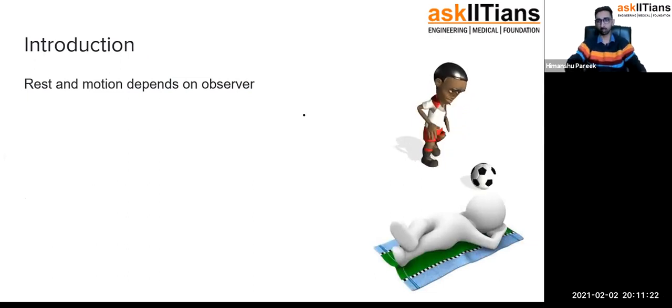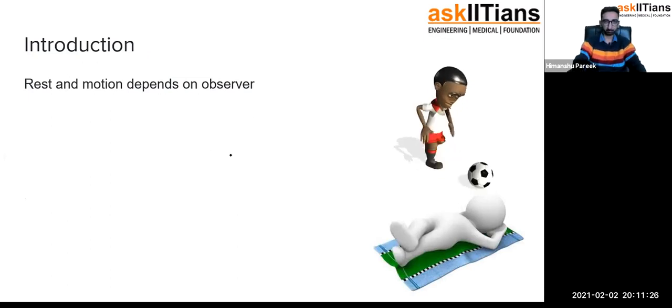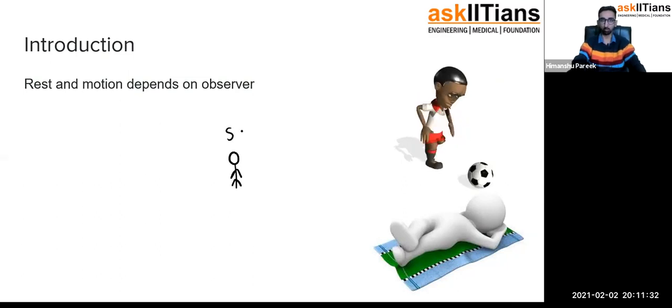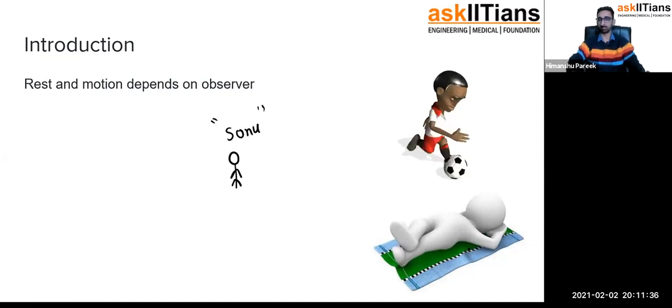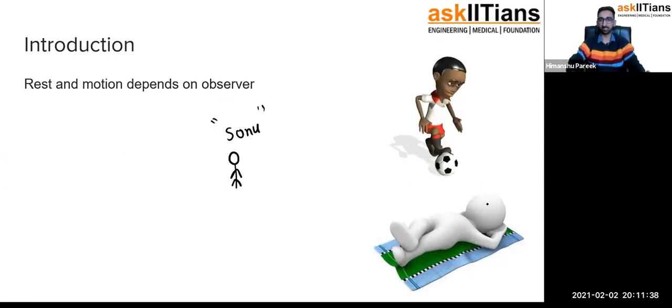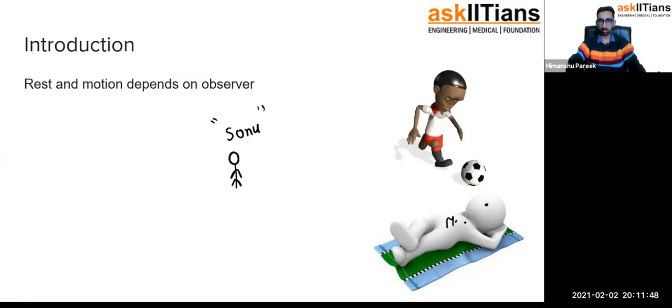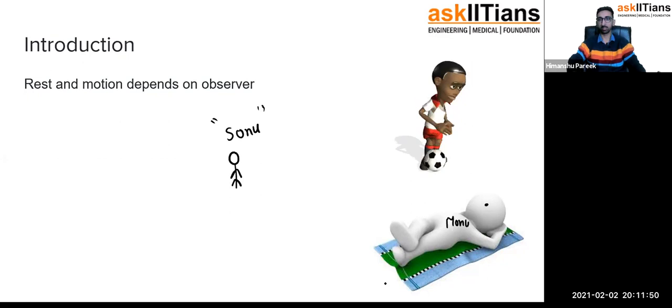Very common question. Suppose there is a person standing here, his name is, let's say, Sonu. Sonu is standing here, right? If you are attending my classes, my favorite student. If you ask Sonu what this guy is doing, let's say his name is Monu, what would Sonu answer?